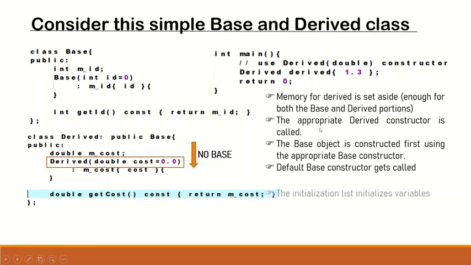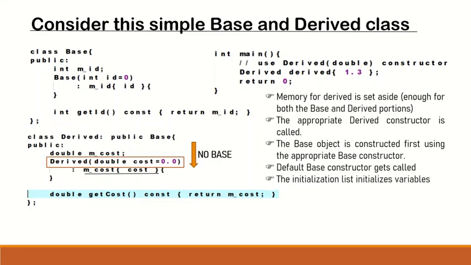Next, the initialization list initializes the variable. After the base class constructor has been called, it uses the initialization list to initialize the data member.